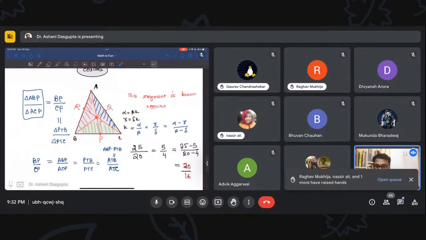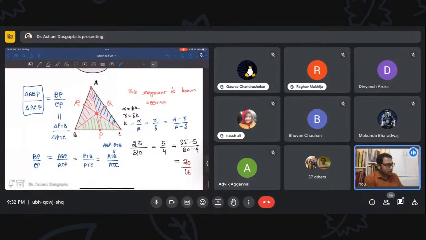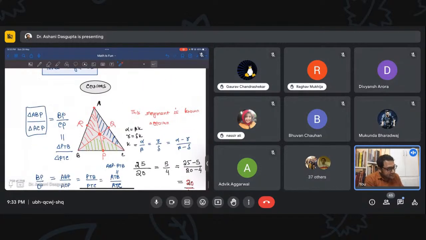BP over PC. Now using this particular strategy, we can also show that triangle ATC divided by triangle BTC, that means blue by green. Blue by green is how much?